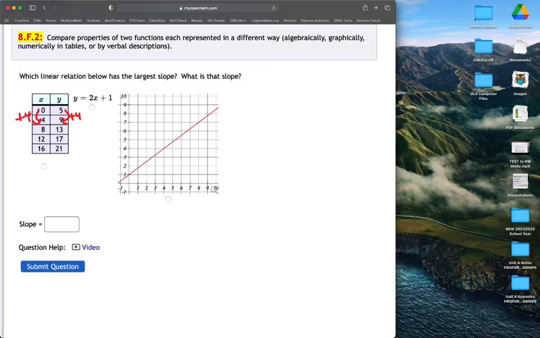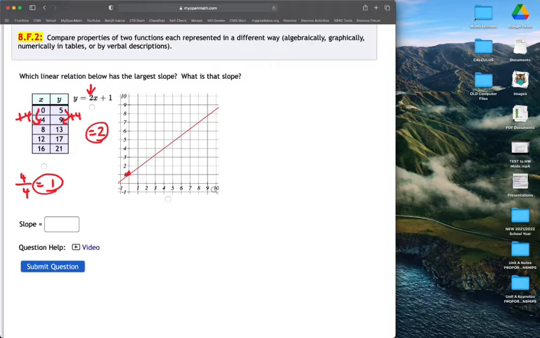And so the change in y is 4, the change in x is 4, so the table has a slope of 1. With a function, a linear function, not really doing any work there, so I can see that the slope is 2.